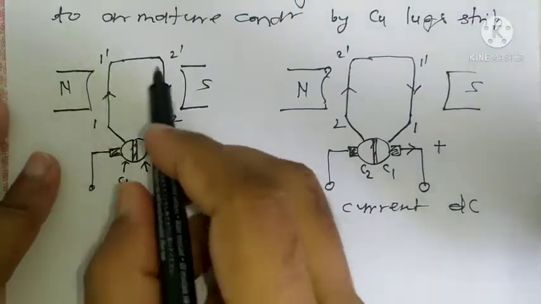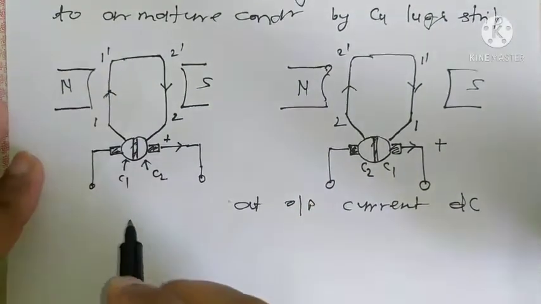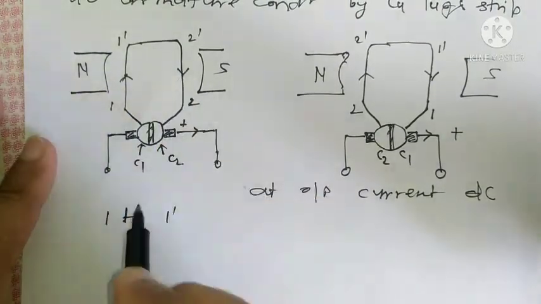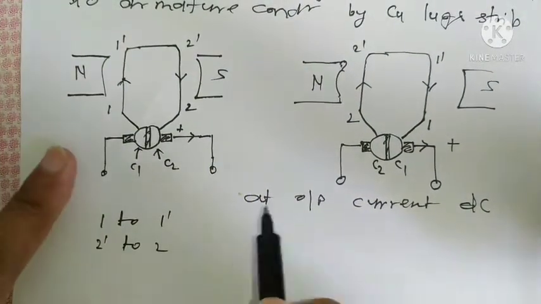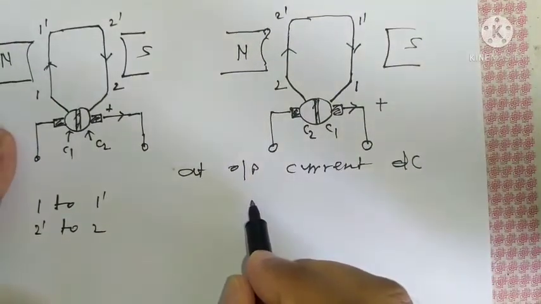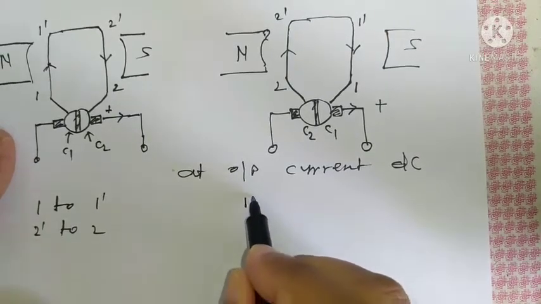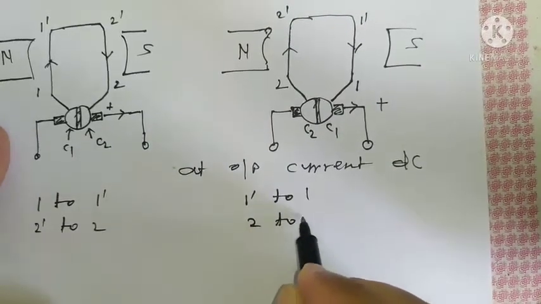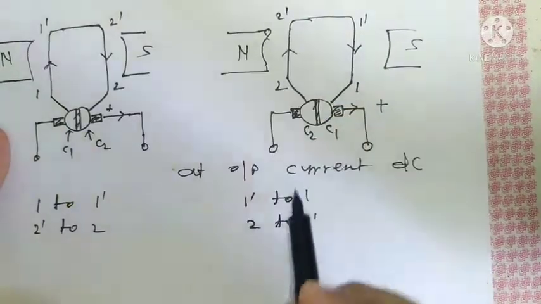What about at the armature conductor? You can see in the first position current is flowing from 1 to 1 dash and 2 dash to 2. And in the second position current is flowing from 1 dash to 1 and 2 to 2 dash.